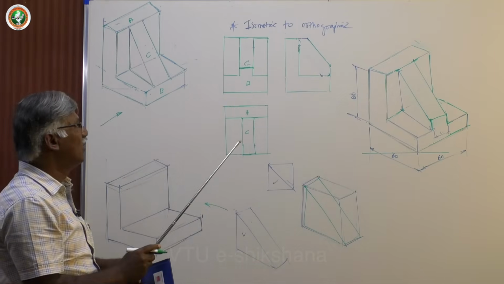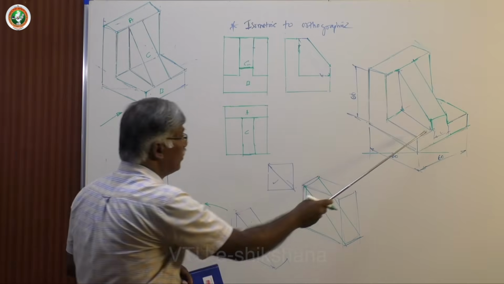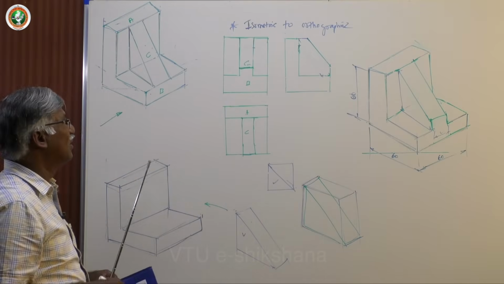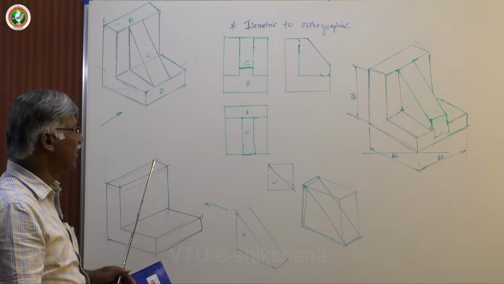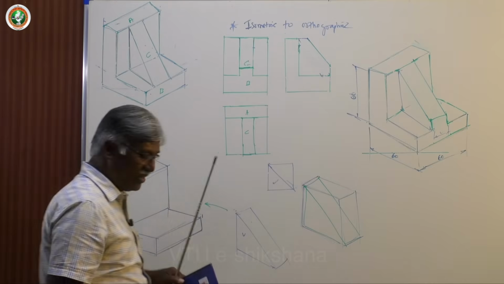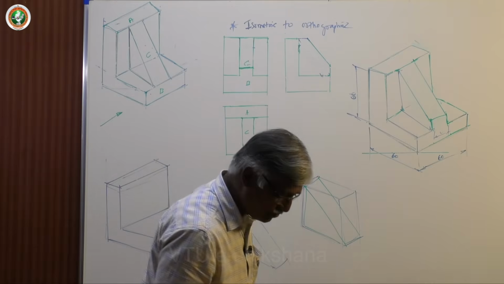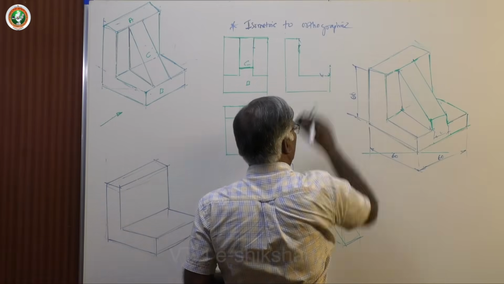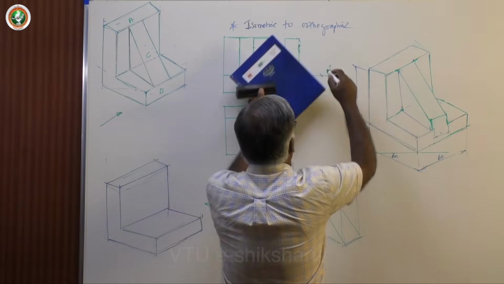But in case of front view, this contour is available. Whatever I did in the previous case, same thing is repeated in reverse. Now here is the change. I have to join this with this, that's all.